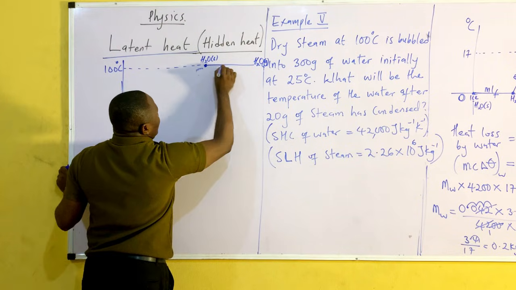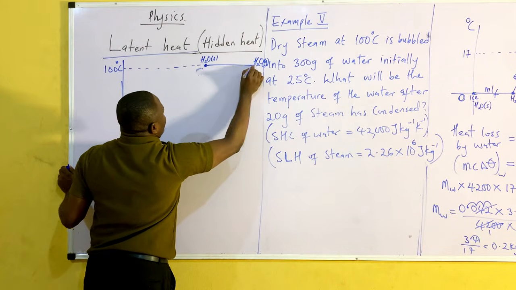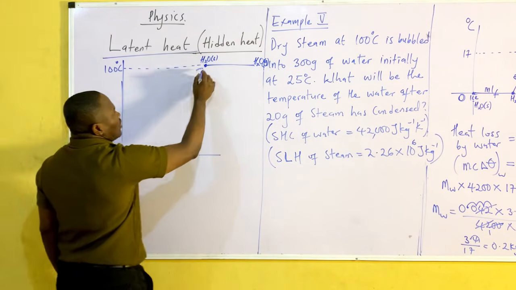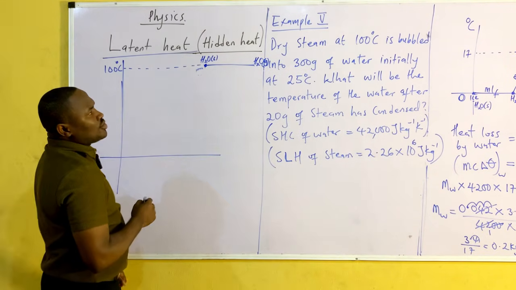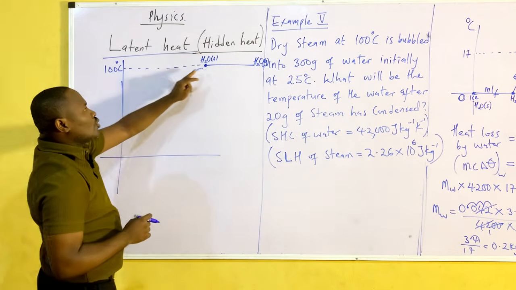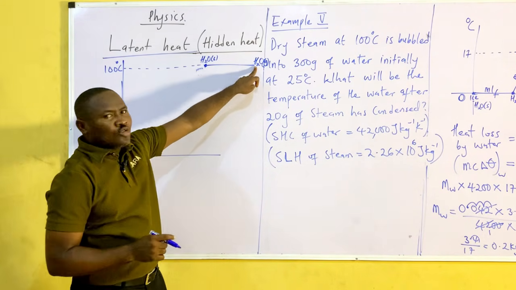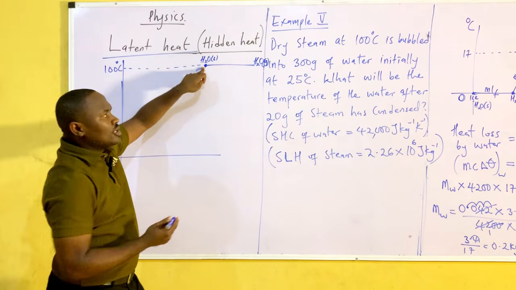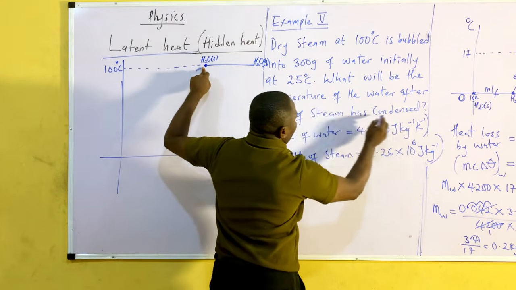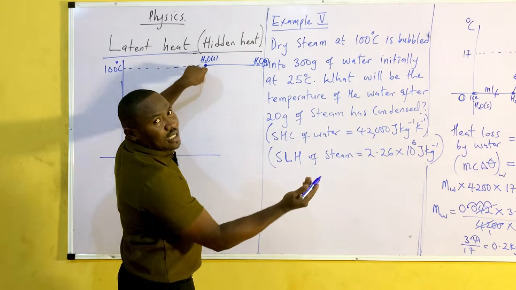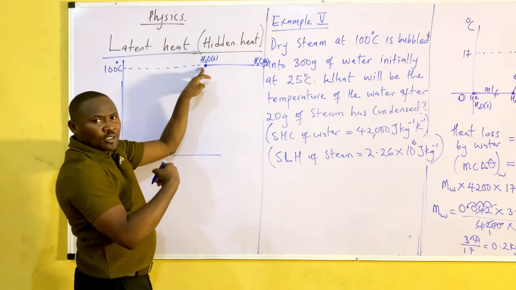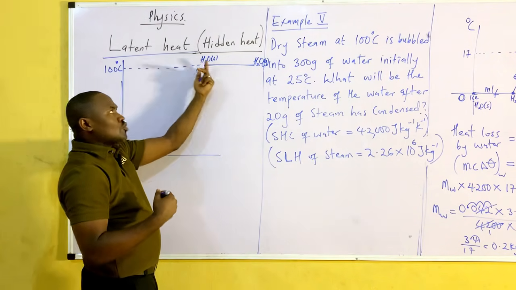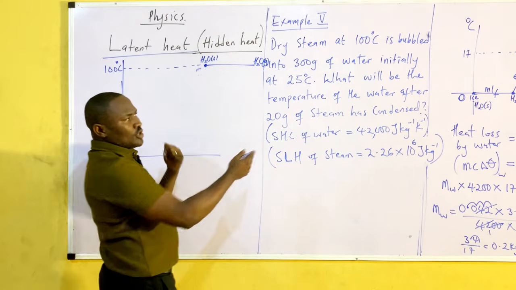So this is actually water changing to gas. That's steam. We said dry steam at 100, so this is steam at 100. This is water at 100. What is condensation? Look at the word here. Condensation is when gas becomes liquid. So now this gas will come towards the liquid side.